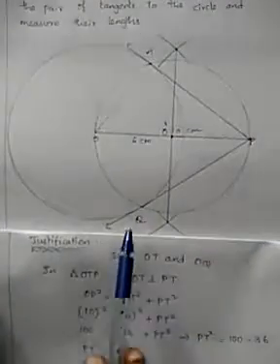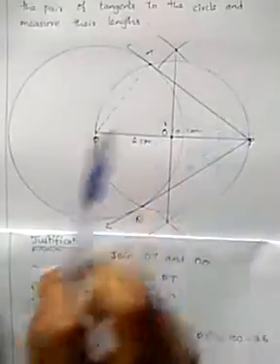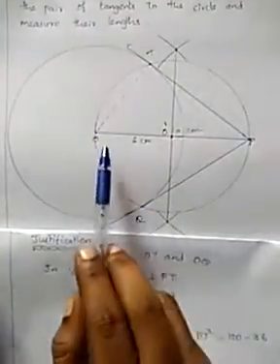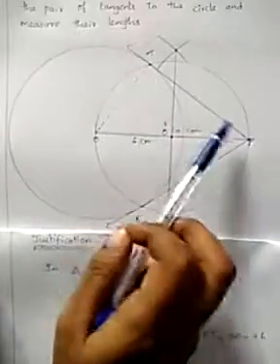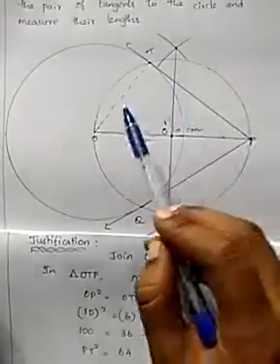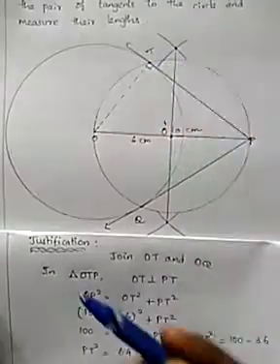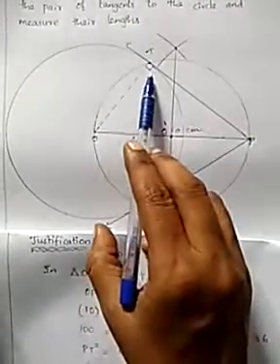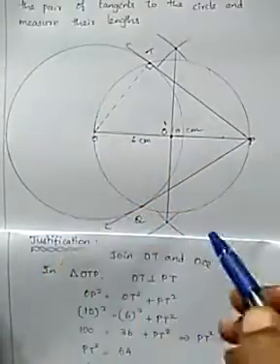Now you have 2 triangles, but take only one triangle, OTP, for justification. OT is perpendicular to PT. See the diagram. Now it makes a 90-degree angle. So it is a right angle triangle.